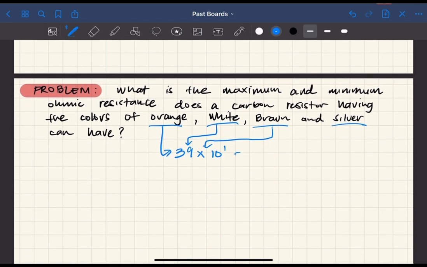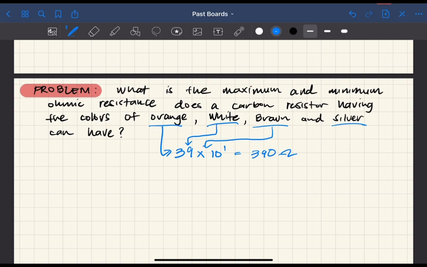This is equal to 390 ohms. Lastly, the silver, the fourth color, represents the tolerance. From this color, we can determine the maximum and minimum value that the resistor can have.